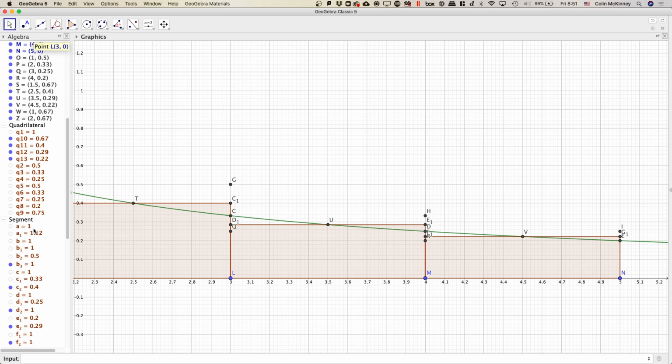Who was bigger than that? Midpoint. The exact value was, in this case, right in the middle. Who was slightly bigger than that? Okay. So in this case, the order of the estimates is right hand, less than the midpoint, less than the exact value, less than the trapezoid, less than the left hand. Does that kind of make sense?